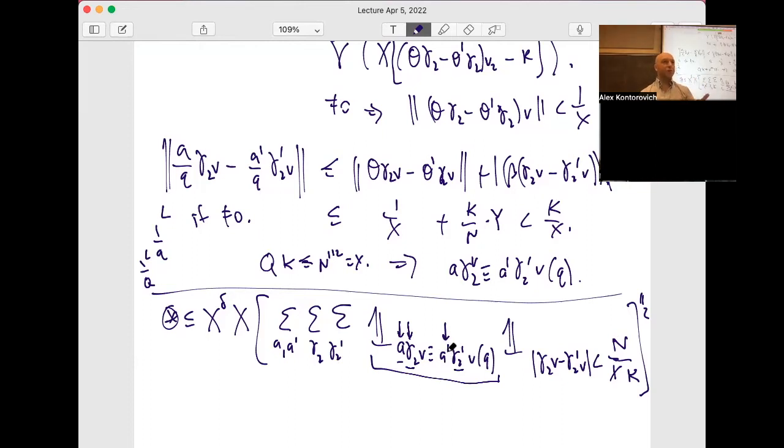It's completely determined, so it saved us a factor of Q. If instead we fix A prime, that determines gamma 2 prime V mod Q. A prime is co-prime to Q, so I can move it to the other side. But that's a vector, a pair of vectors, so that's going to get us Q squared.